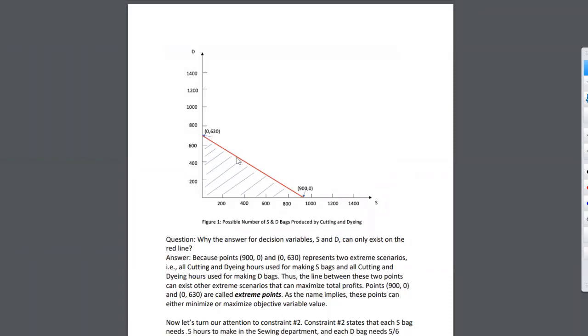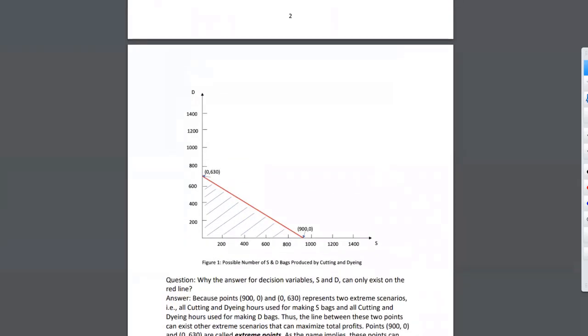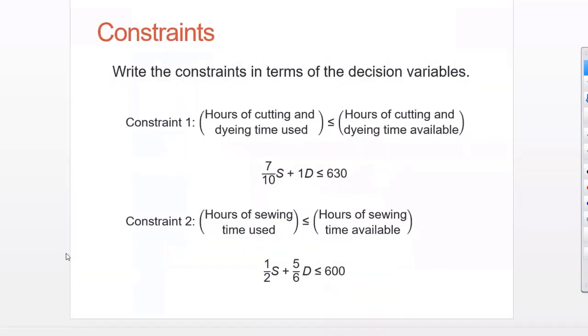Then we look at the second constraint. Now you know how you can present it in a chart, right? What should be the two extreme point values for the second constraint? Sewing department. So you use 600 hours completely on standard bags. You get a value. What is it? 1200.